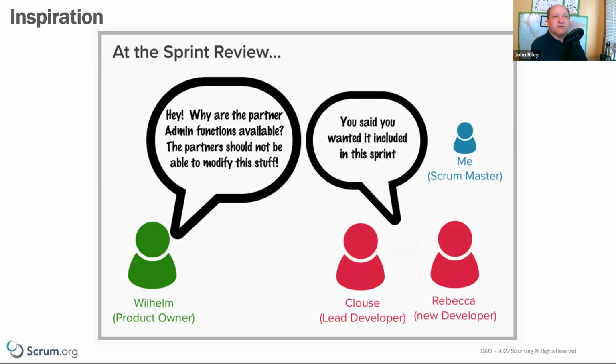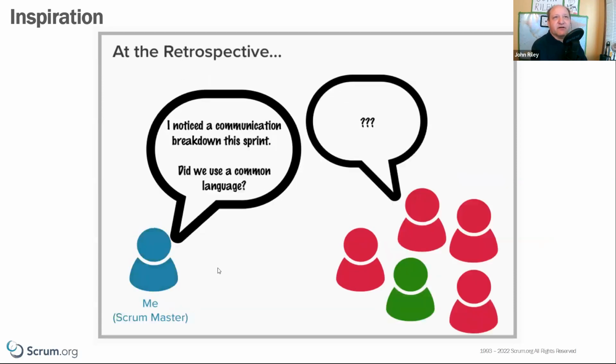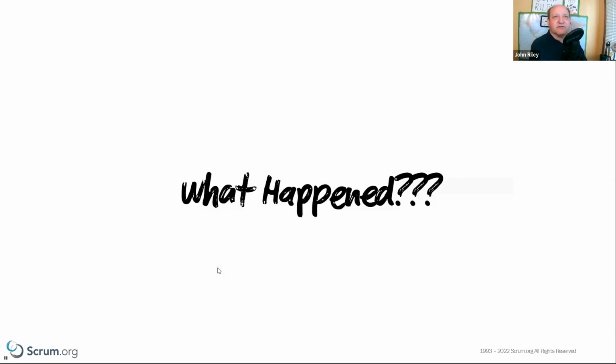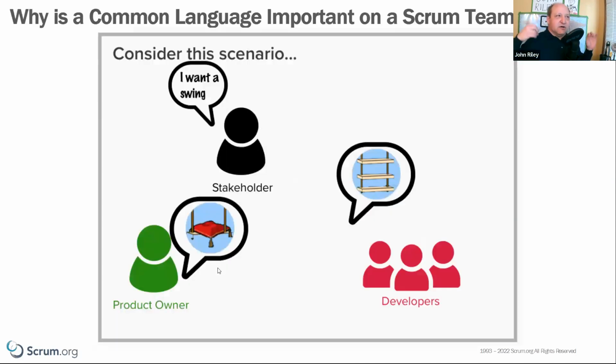And then we have the blow up in the sprint review about, "Hey, wait a minute, this stuff shouldn't be here. What are we talking about here?" Okay, so several things going on here. Not much of a commonality going on. So we have everything with the retrospective. So we can see that we had a communication breakdown, several disconnects.